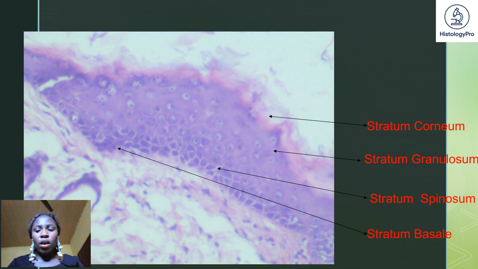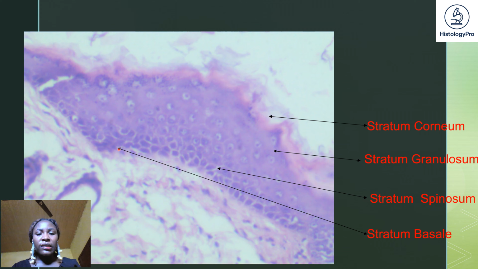Okay, in this slide, which shows the photomicrograph of keratinized stratified squamous epithelium, we'll be looking at the distinct layers from the deep to the superficial. From the deep layer is what we call the stratum basale, also known as the basal layer.